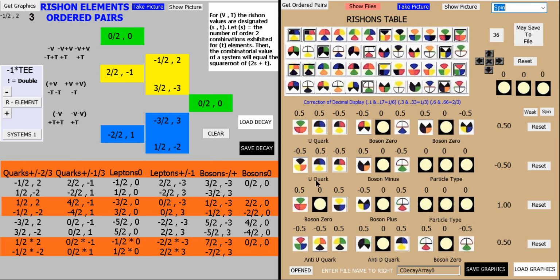And the other two T rishons still cancel, so now the spin on the generic U is left-handed, or minus 1/2. And here on the boson minus scalar, we have no contribution to the spin, so the spin on the S quark will be minus 1/2.